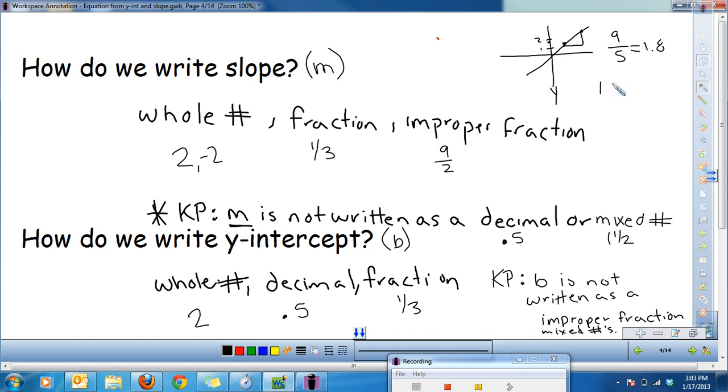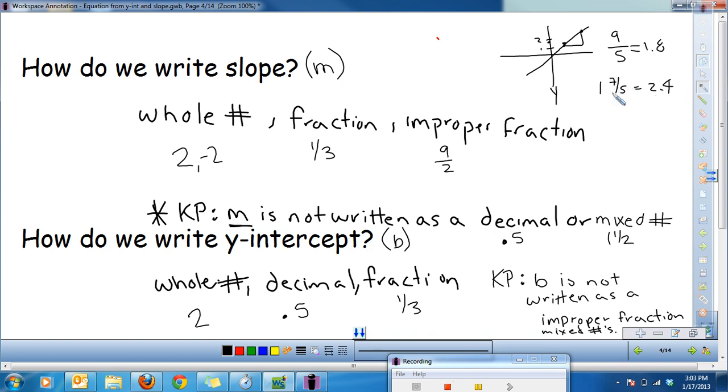Same with the mixed number. If I gave you something like 1 and 7/5 and I said, find the y-intercept, you would be a little confused. But if you changed 1 and 7/5 into a decimal, you would get 2.4.